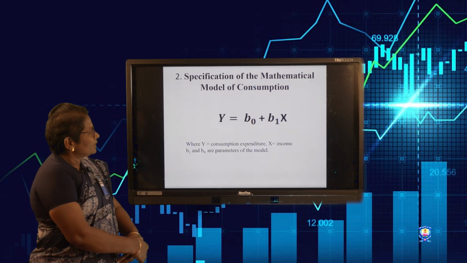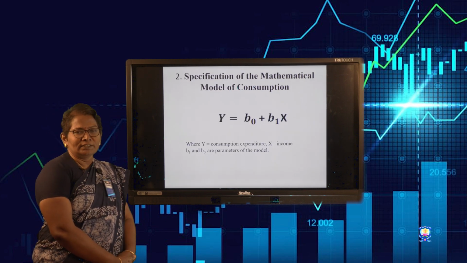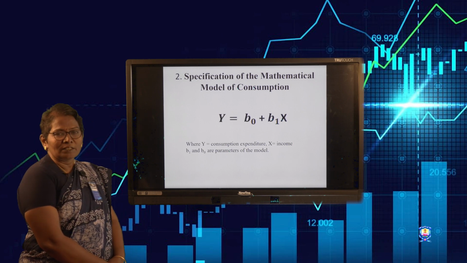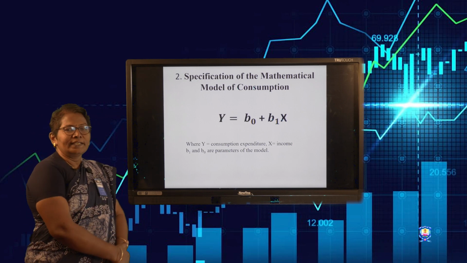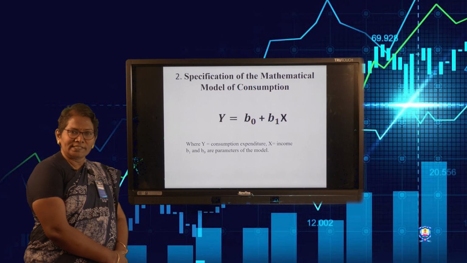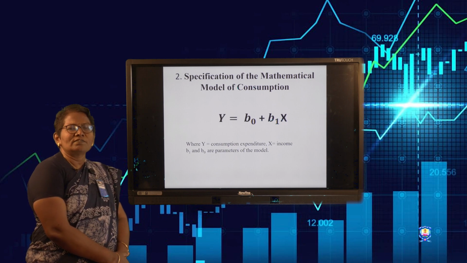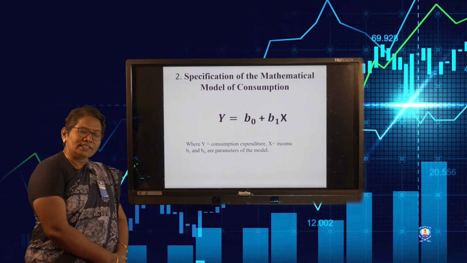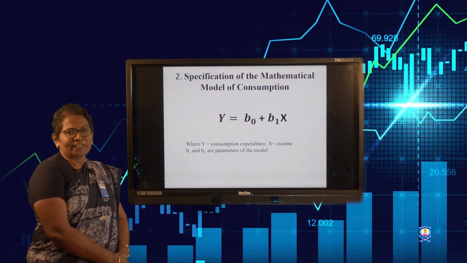Let us see how. The second step involved in the methodology of econometric research is specification of the mathematical model of consumption. The theory, the law of consumption, postulates that there is a positive relationship between consumption and income. But the theory did not specify the functional form of the relationship.